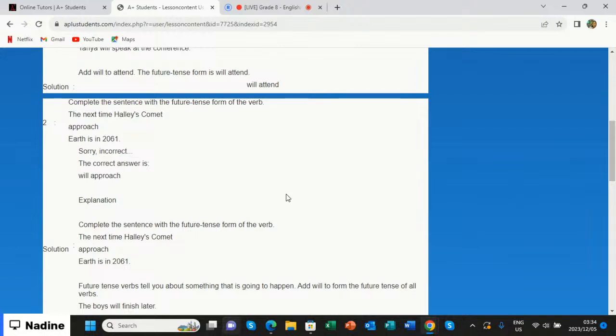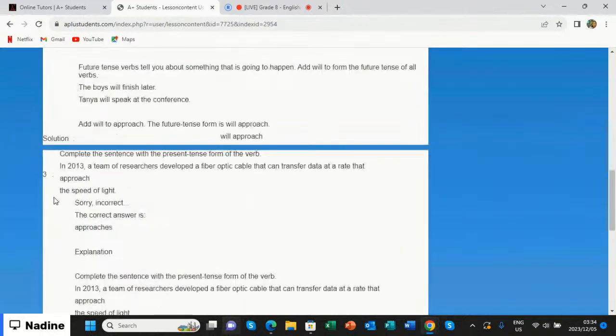If we add the word will in front of the word approach, then that will show our future tense form of the verb. Because that will be will approach. The next time Halley's comet will approach Earth is in 2061.